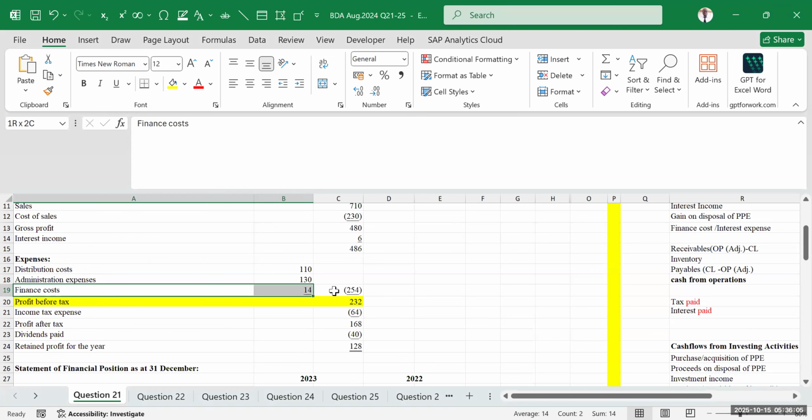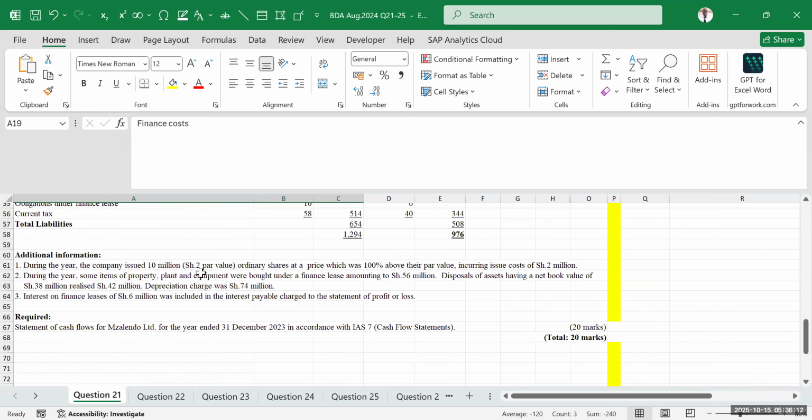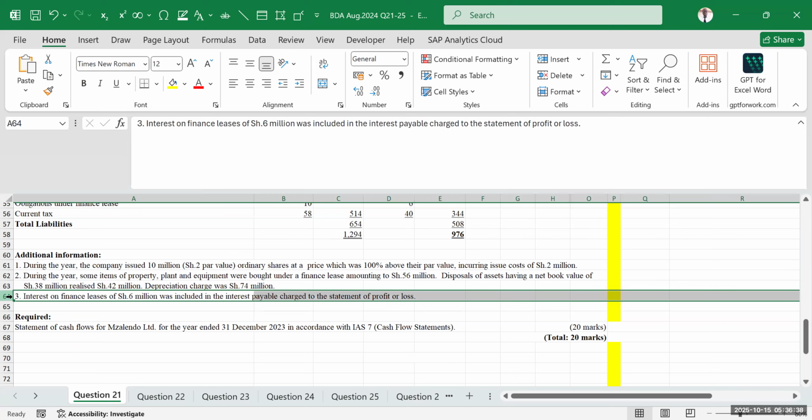Now, we have to remind ourselves of the essence of this additional information. Remember, additional information is to remind you to do an adjustment. Because we have to do adjustments; if there was no adjustment to be done, we would not have note 3 given under additional information.